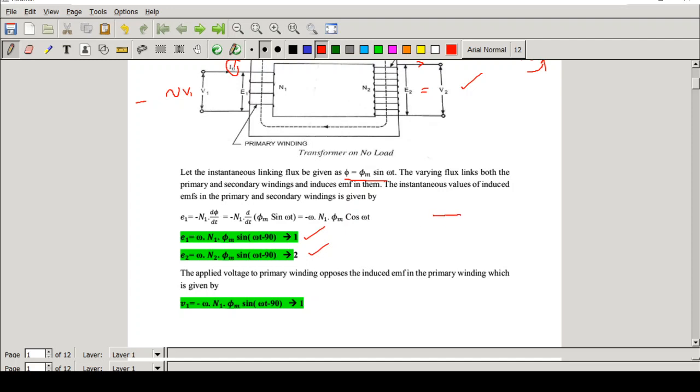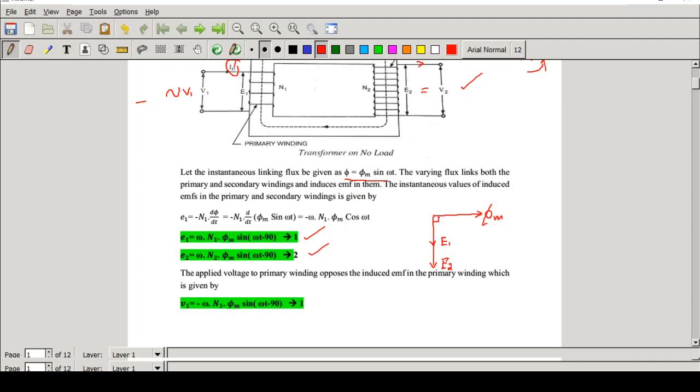Suppose I draw a flux phi like this, then the vectors of induced EMF E1 and E2, based on this equation, will be like this because they are lagging the flux by 90 degrees. So I can take this as E2 and this will be E1. Both are induced EMFs and both are lagging behind the flux by 90 degrees.